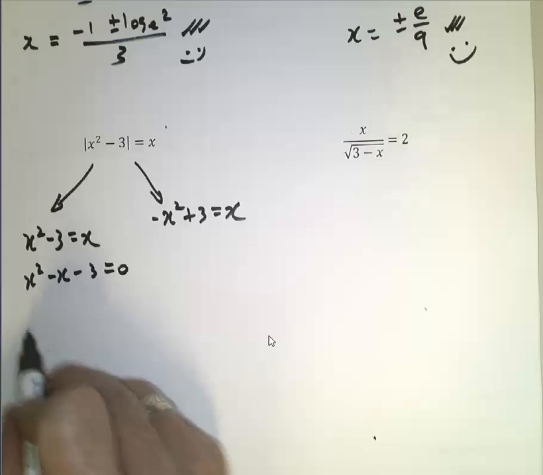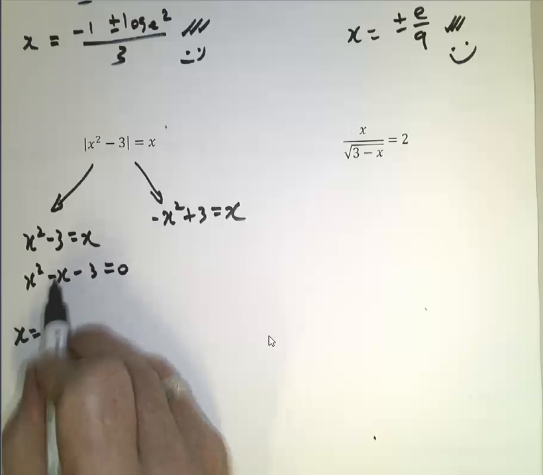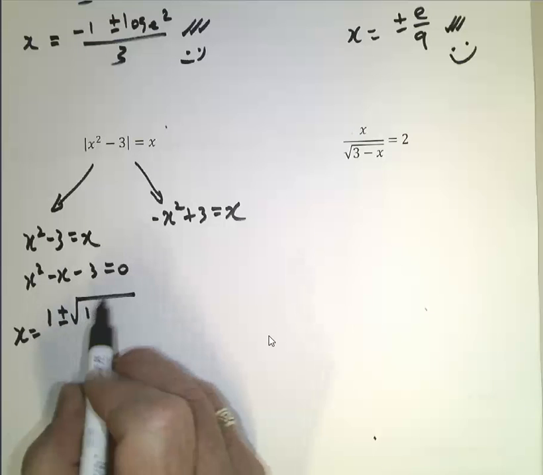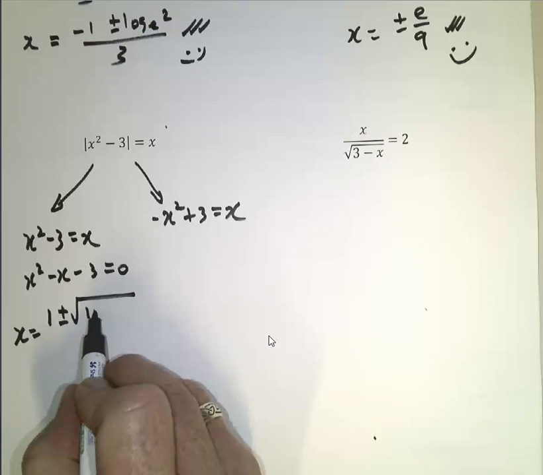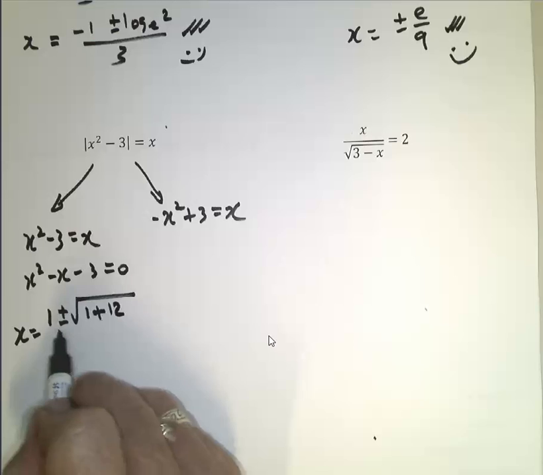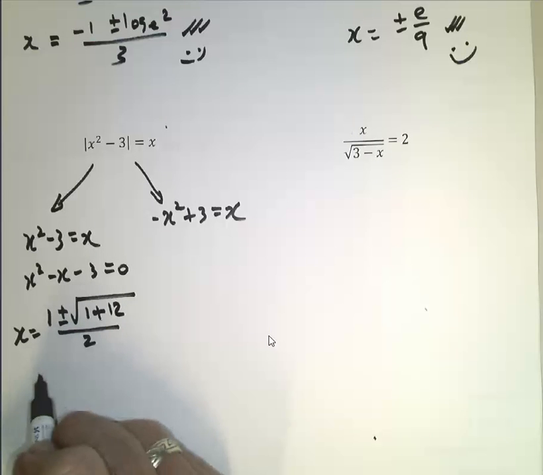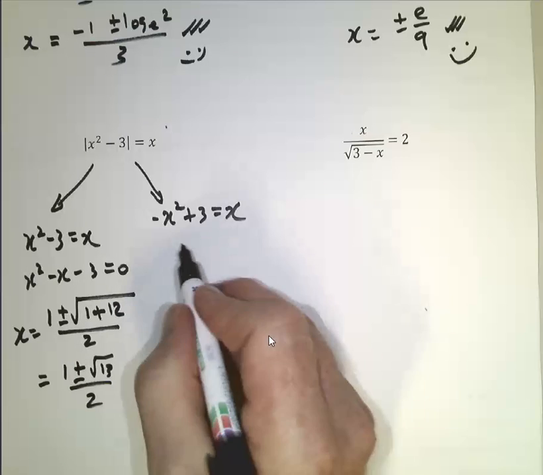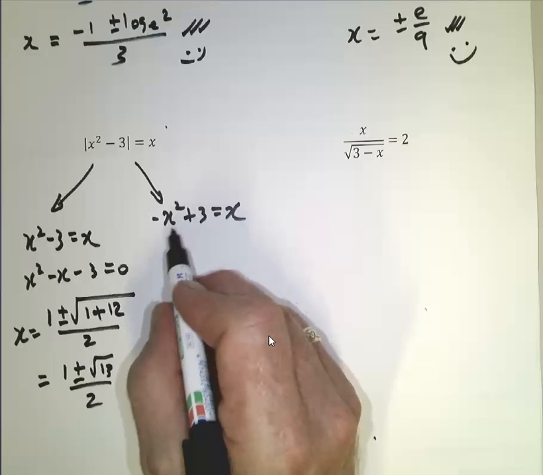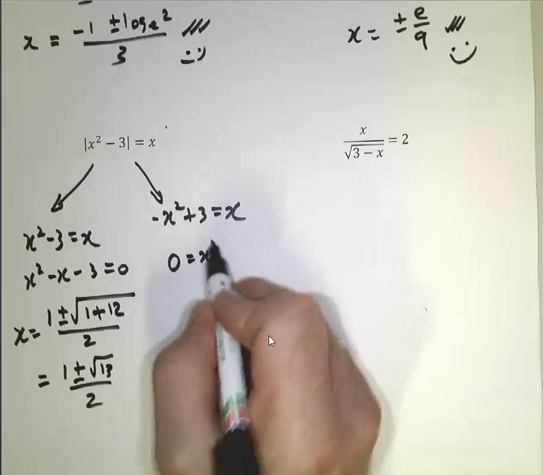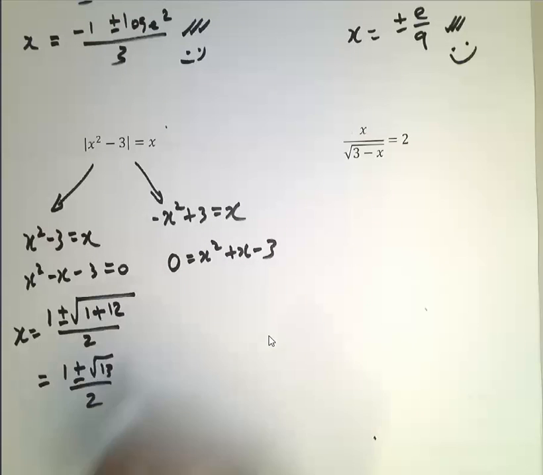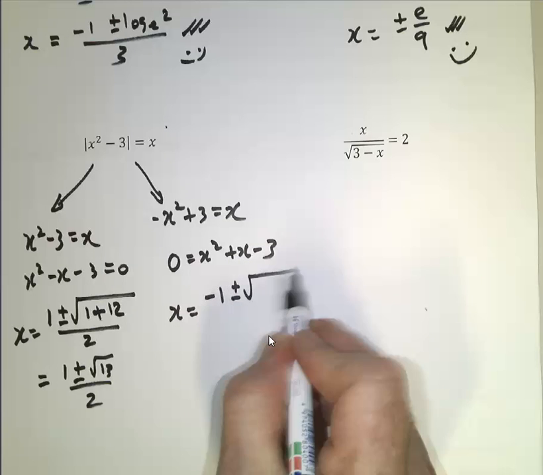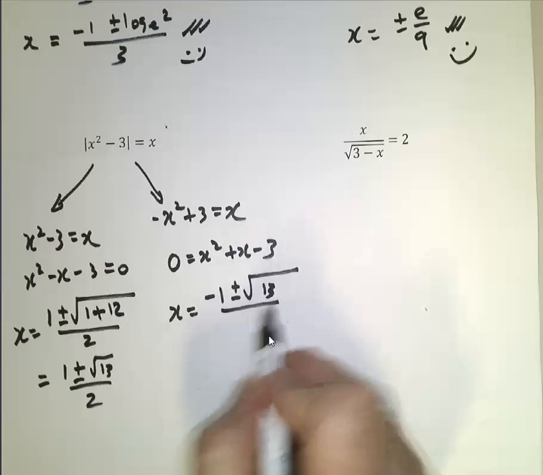Jumping to the quadratic formula, it gives me x equals minus b, so 1, plus or minus the square root of minus 1 squared, which is 1, minus 4 times, so plus 12, over 2, which equals 1 plus or minus root 13 over 2. And on this side, I might throw everything to the other side: 0 equals x squared plus x minus 3. X equals minus 1 plus or minus the square root of 13 over 2.